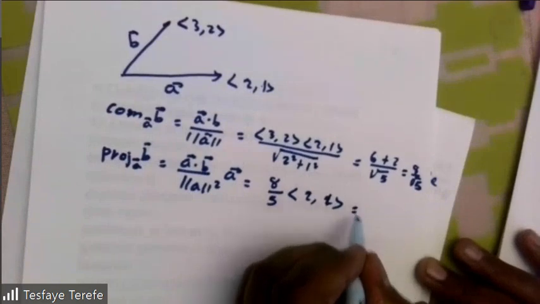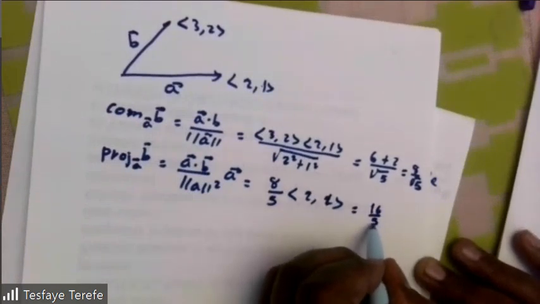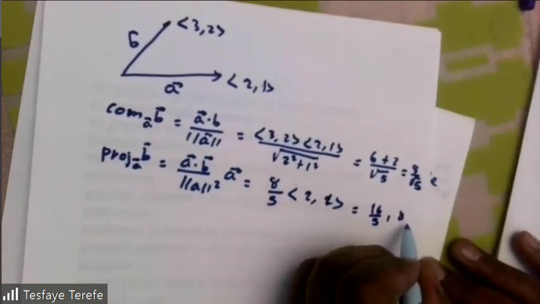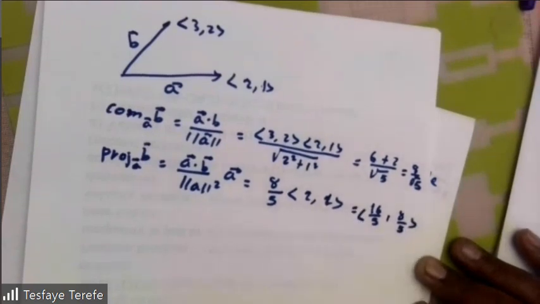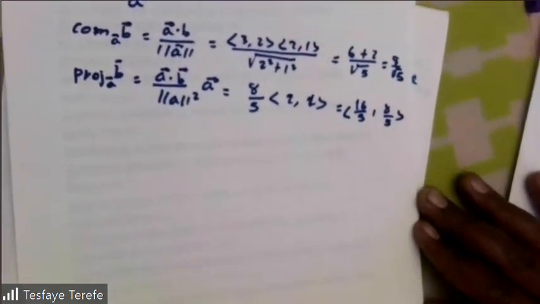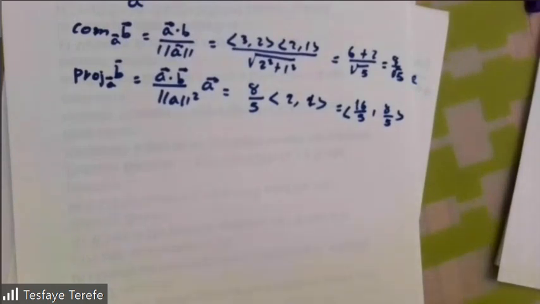So our answer is 16 over 5 and 8 over 5. And that's actually the projection.